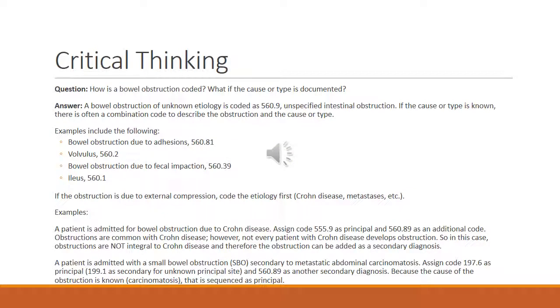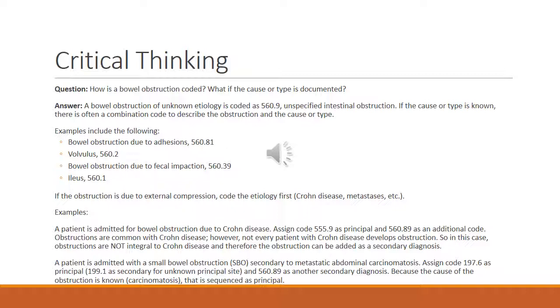Now our next question: how is a bowel obstruction coded, and what if the cause or type is documented? And our answer: a bowel obstruction of unknown etiology is coded as 560.9, unspecified intestinal obstruction. If the cause or type is known, there is often a combination code to describe the obstruction and the cause or type.